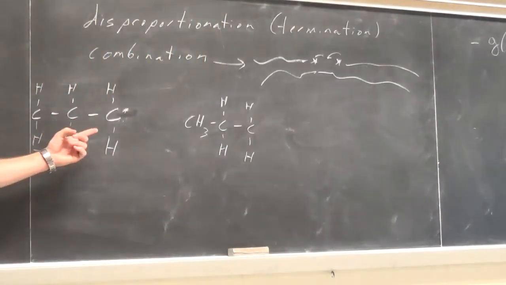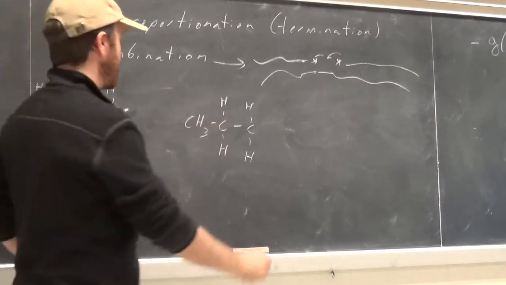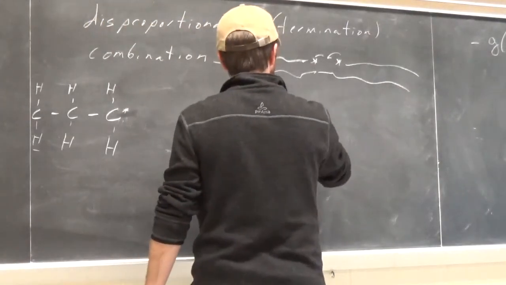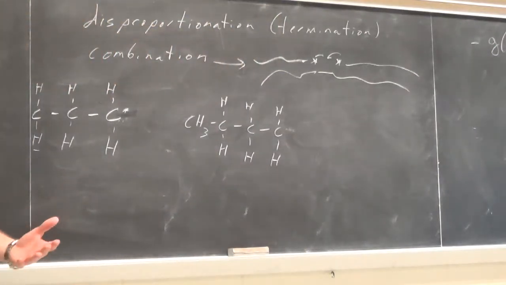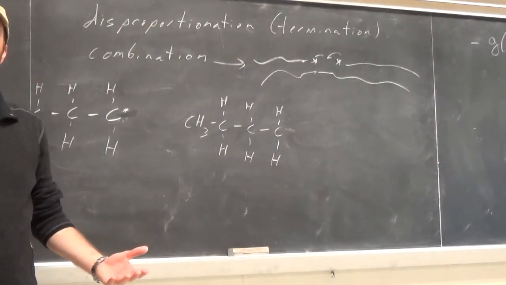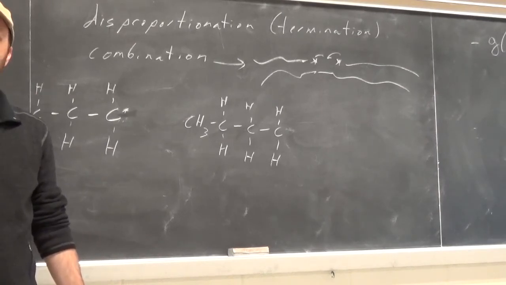So this is a radical, right? This is just a chain sitting there minding its own business. So what's the end result of termination by disproportionation? What do we get?